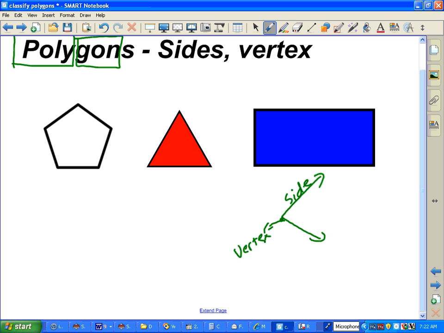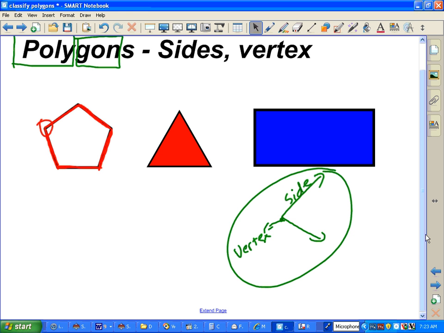Well now we're just going to take a bunch of angles and build polygons. So we've got a side and a vertex here, and we're just going to keep making angles until it's closed, okay, to make a polygon.